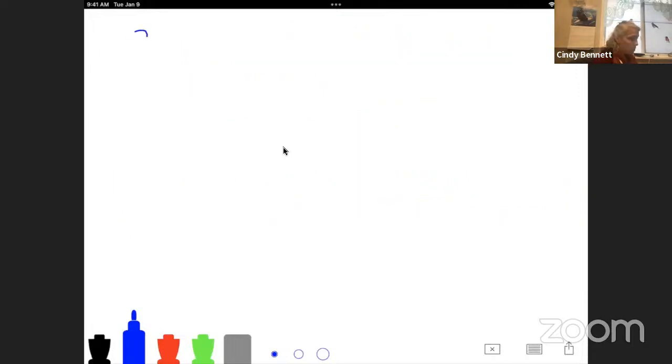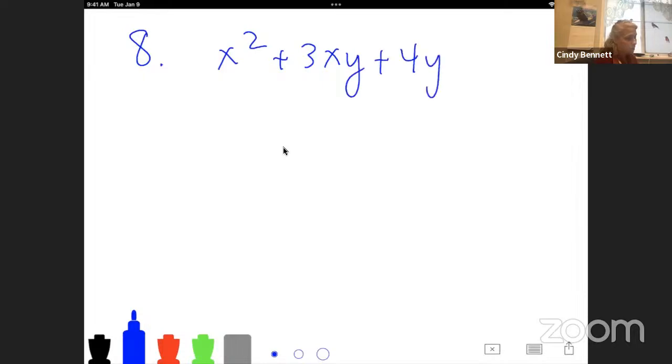All right, number 8. This is x squared plus 3xy plus 4y squared. Now you have a plus sign in between the two polynomials. So that means you're going to be adding those polynomials together. And I have them on this paper right here. So now I'm going to look and see if I can write these vertically.